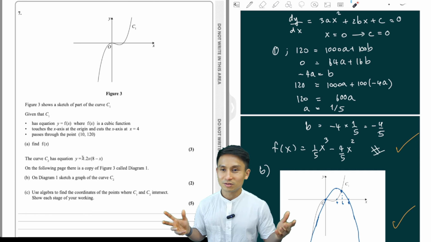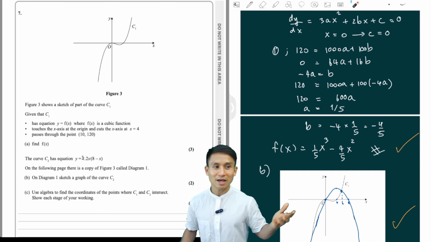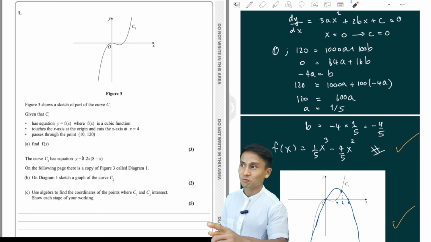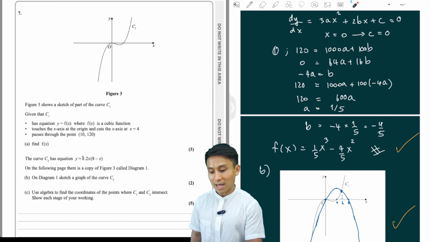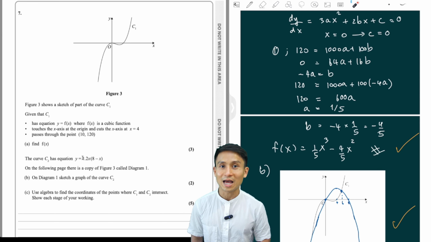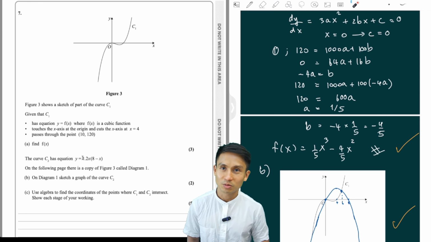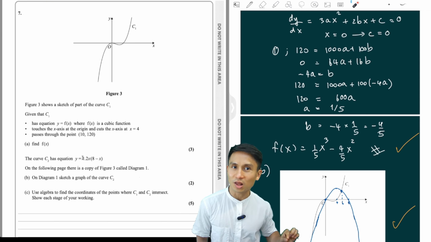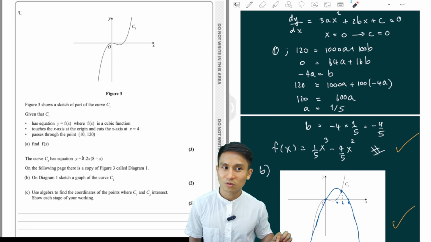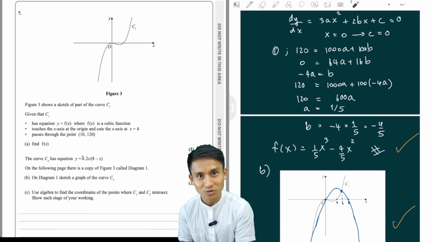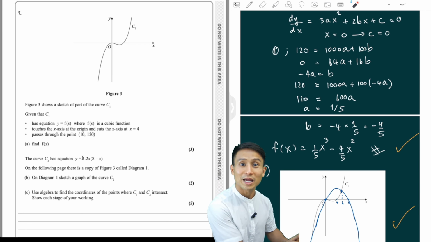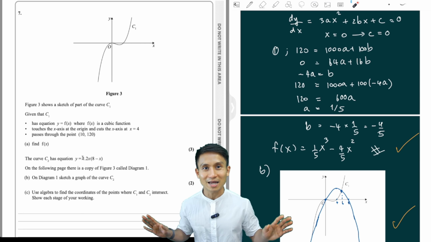Or sometimes the amount of marks does not reflect the amount of thinking. Sometimes 1 marker questions can make you think a lot. Well, actually what you write is just 1 line or 1 sentence. But sometimes 1 mark, you might have to do a lot to get the 1 mark without thinking too much, maybe. So it's either thinking quite much, writing a little, or thinking a little but writing much. In this case, I think it's the latter.